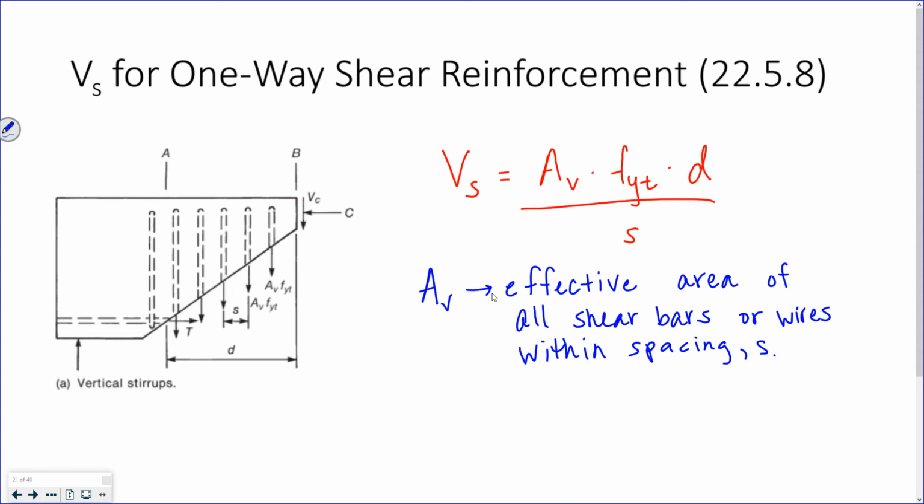You can see the spacing, right? That's your distance center to center of your shear reinforcement. f_yt is the yield stress of your shear reinforcement.